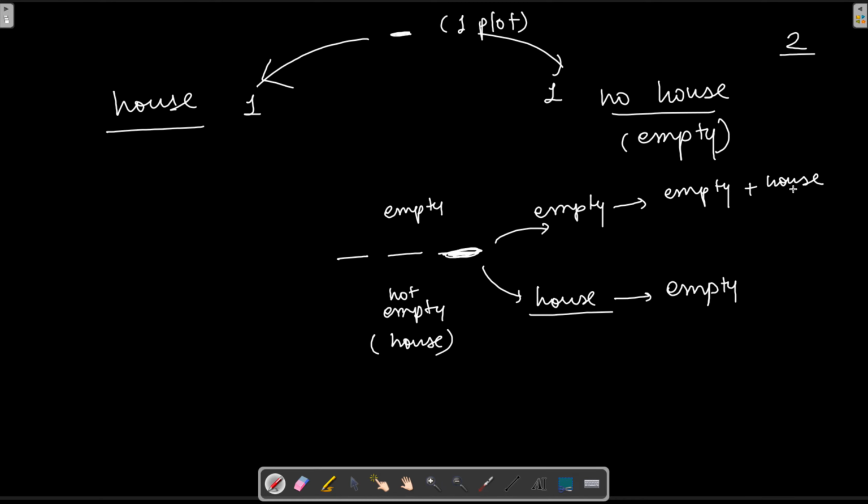So this empty and house correspond to the number of cases where this place is going to remain empty and this place is going to have a house. So now the new empty is going to be empty plus house, and the new house for this particular case, new house is going to be empty itself.